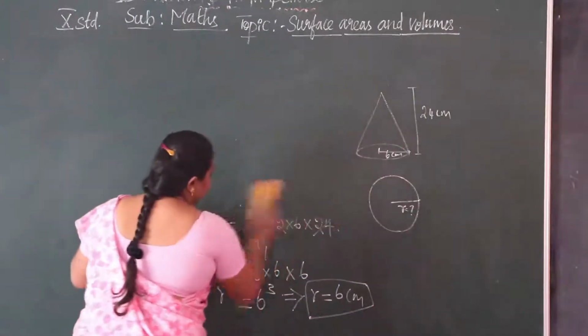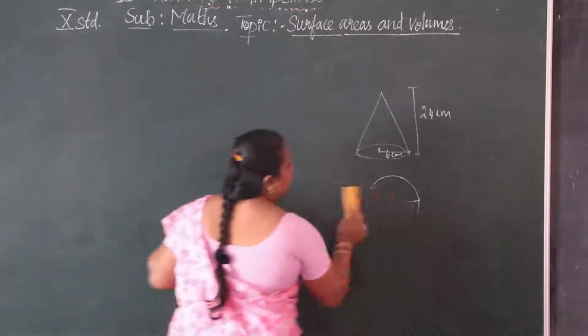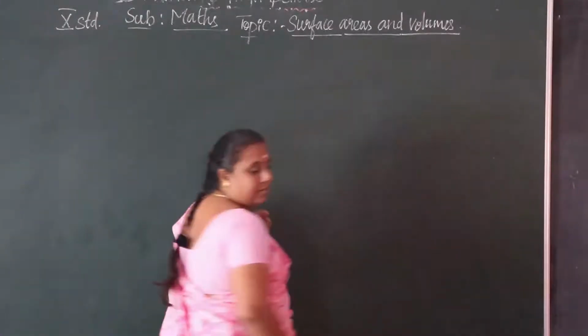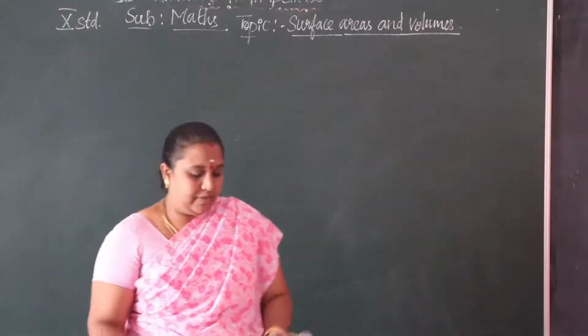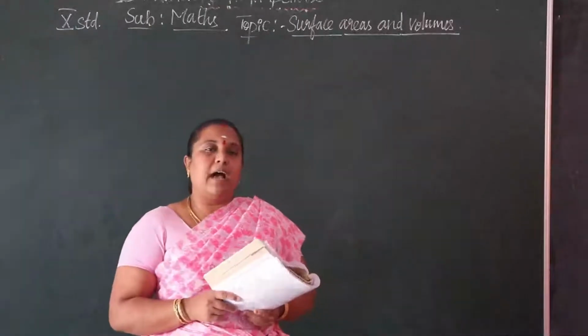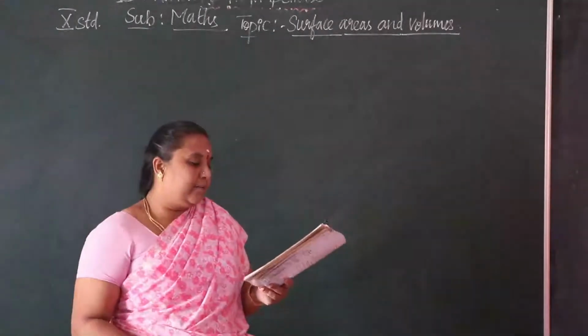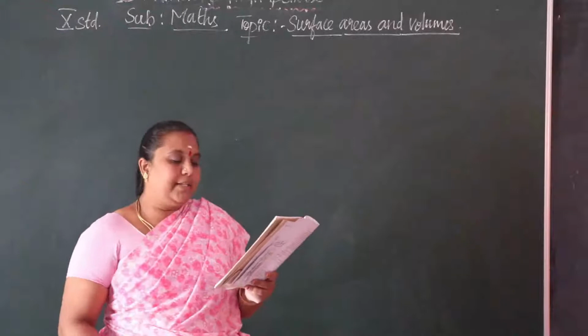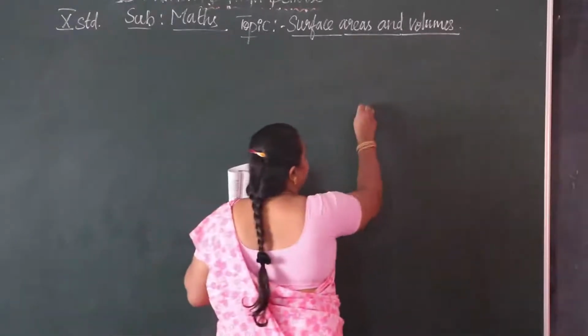So let us see. Once again let us read the question. A copper rod of diameter 1 centimeter.